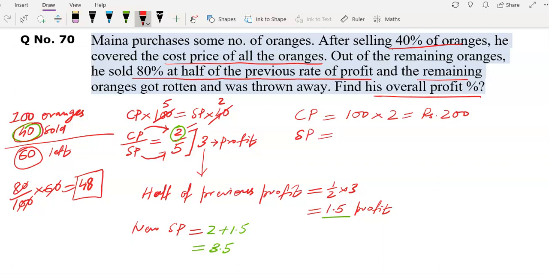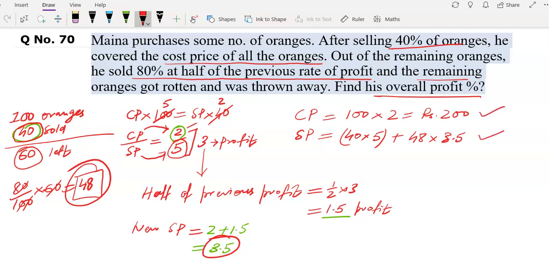Once we sold 40 oranges at SP of 5. And 48 oranges were sold at selling price 3.5. So this is our SP and this is our CP.